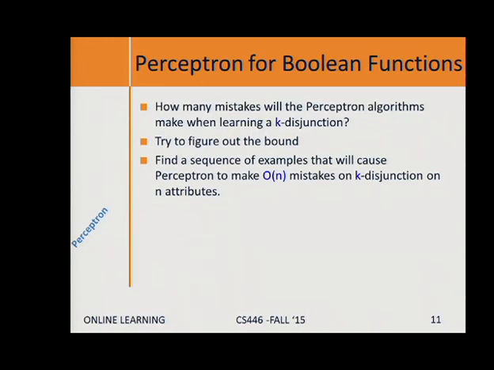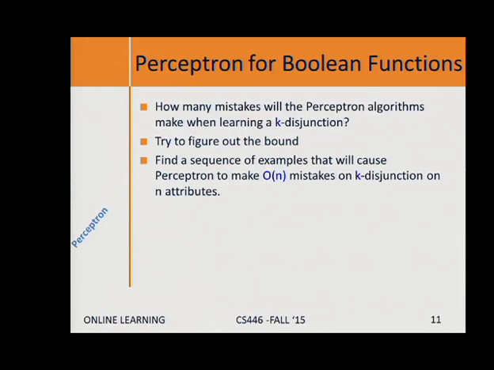I want to move now to another algorithm, or another family of algorithms. And in order to really think about it in an easy comparative way, I'm going to go back to talking about Boolean functions. So we proved something nice about perceptron. But it turns out that if you think about Boolean functions, it's not as nice as it could have been.